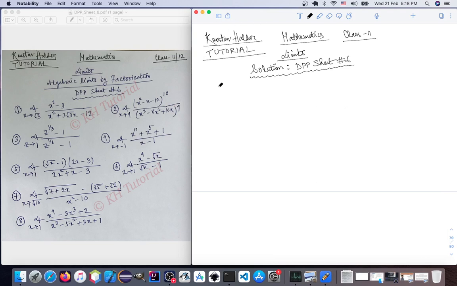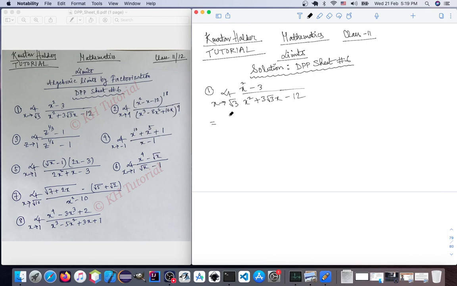The first problem says: limit x tending to root 3 of (x square minus 3) divided by (x square plus 3 root 3 x minus 12).